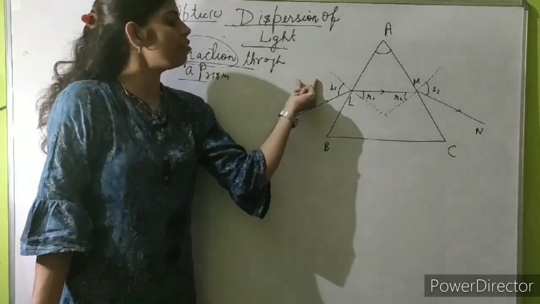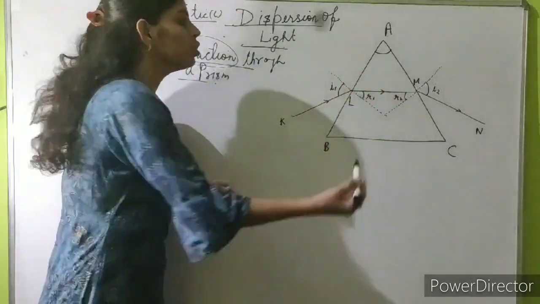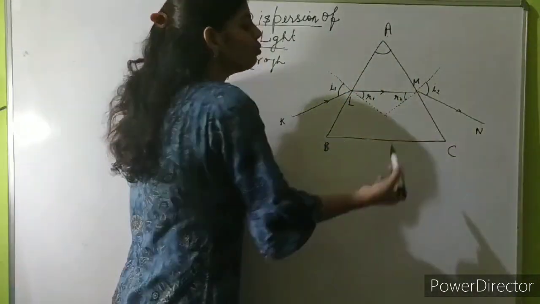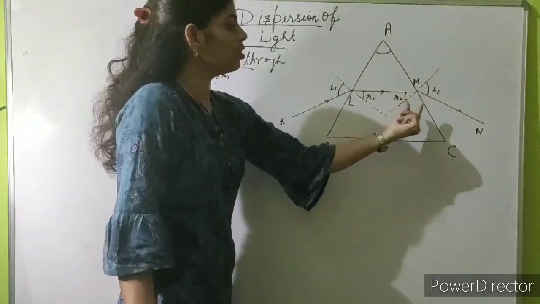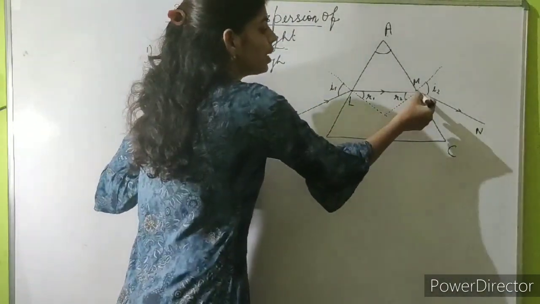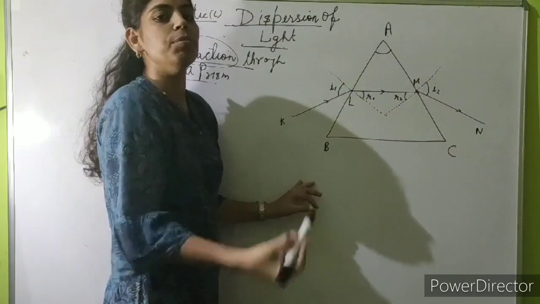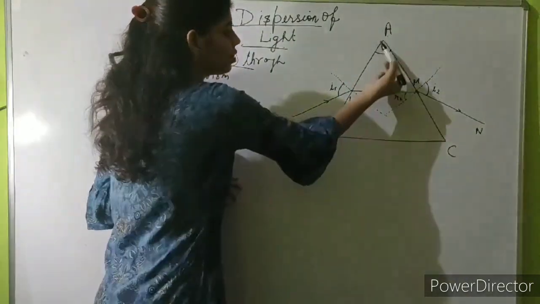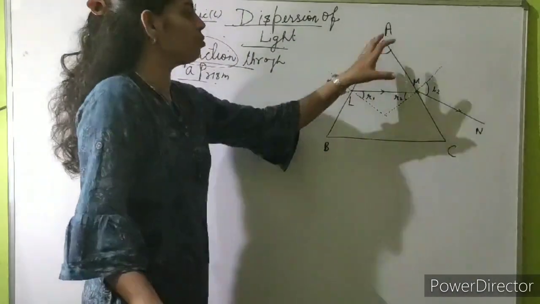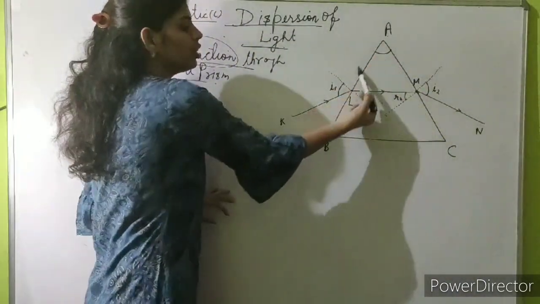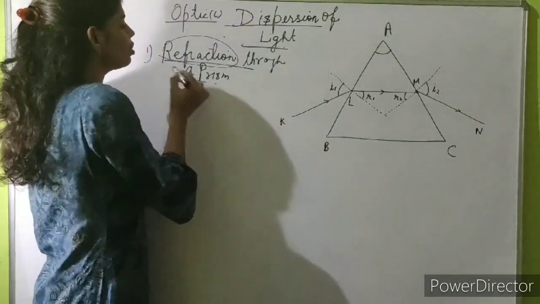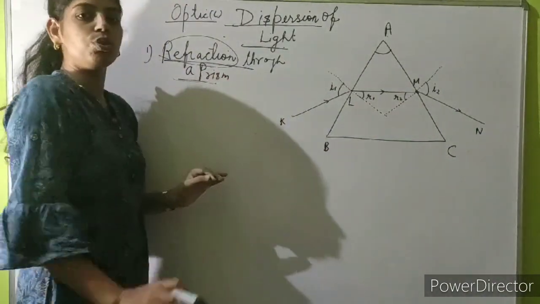So at this surface refraction will occur. While going out of the prism, at this point again there will be refraction. So at both the faces AB and BC of this prism, refraction occurs. So we have to study the refraction through a prism.